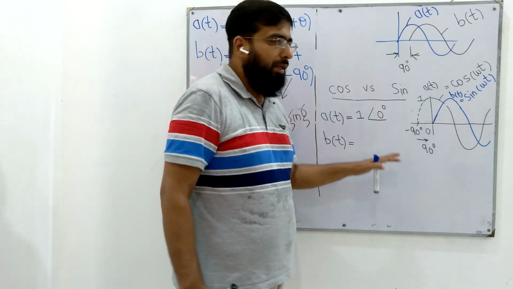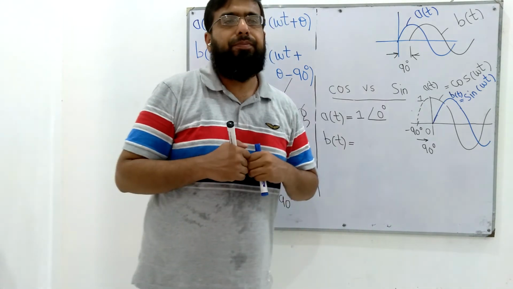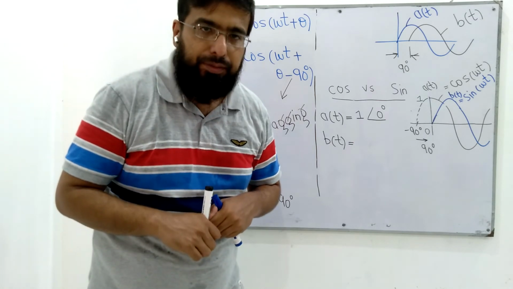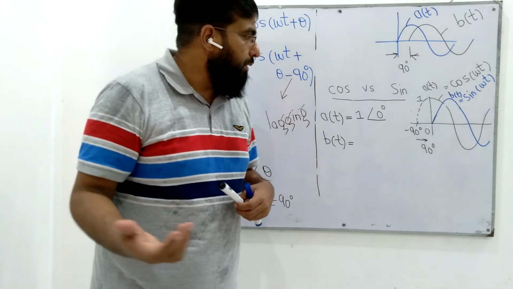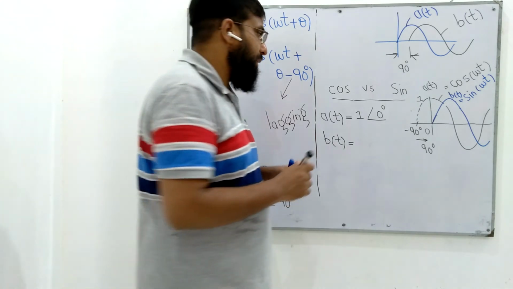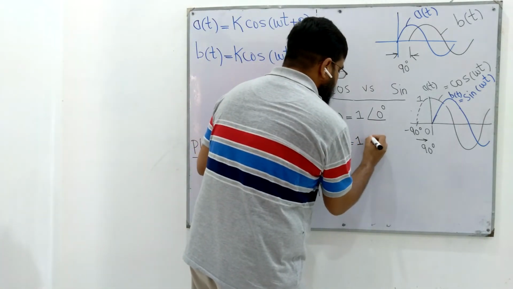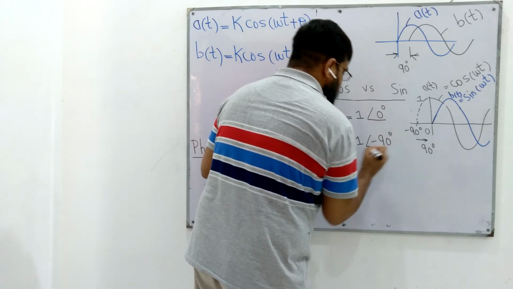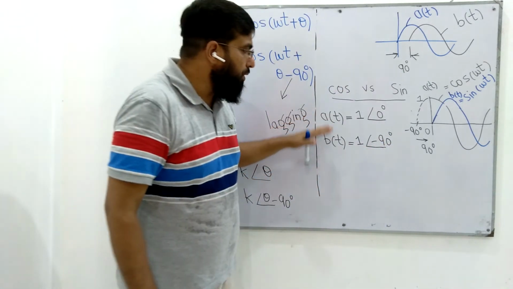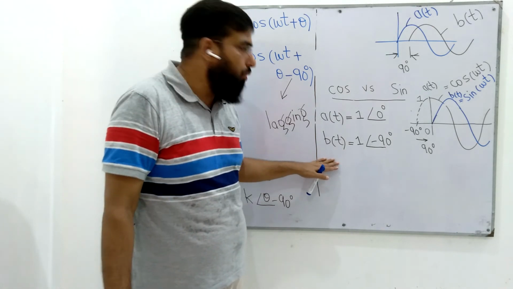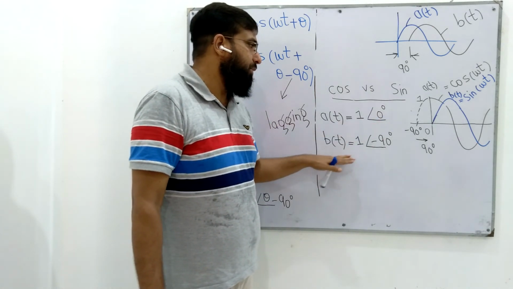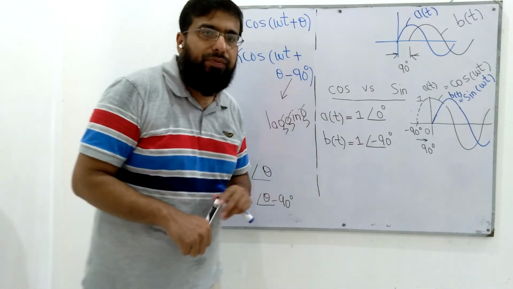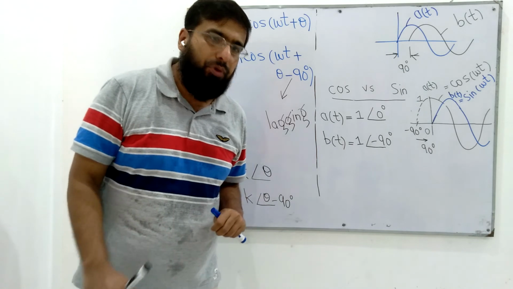So this means it's a rightwards shifted version. Any version that is shifted rightwards is lagging. So lagging signals have minus angles, negative angles. So we write one at an angle of minus 90 degrees. So now they both are represented in terms of cos, one at an angle of 0 and the other at minus 90, since this is a sine, and we have to represent all phasor quantities in terms of cos.